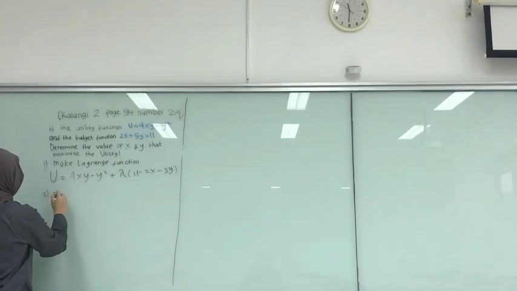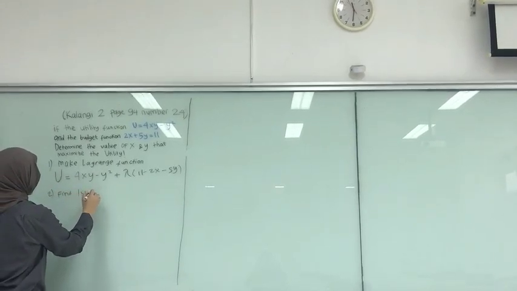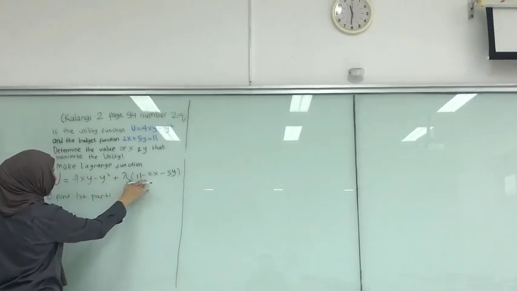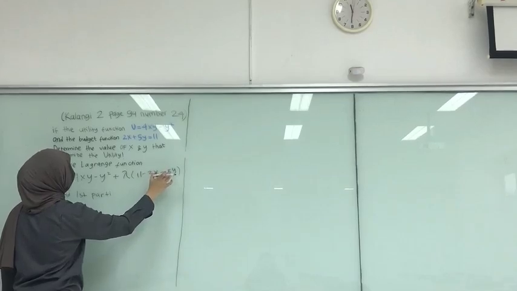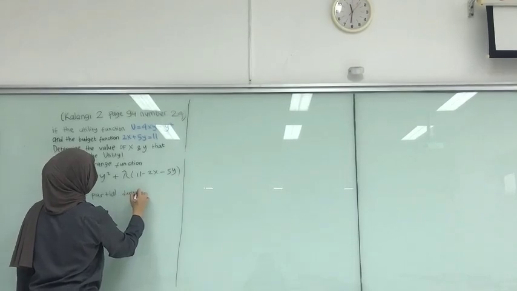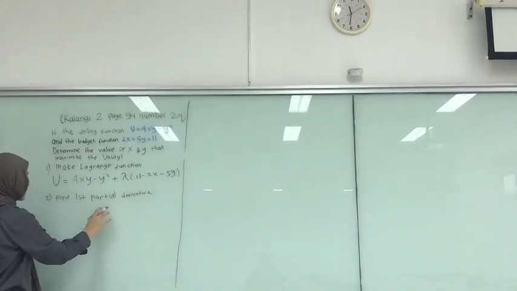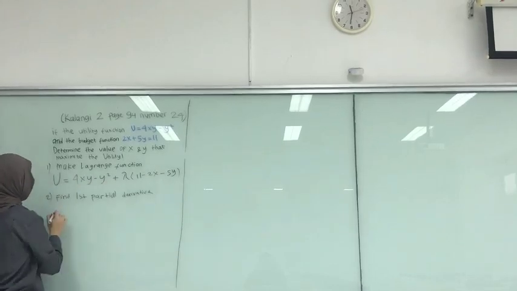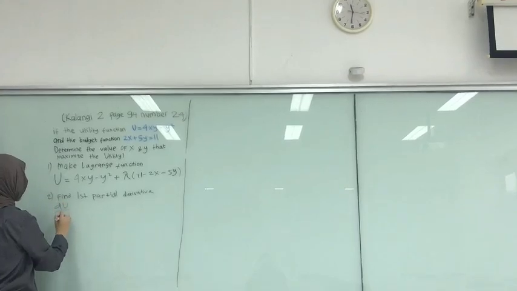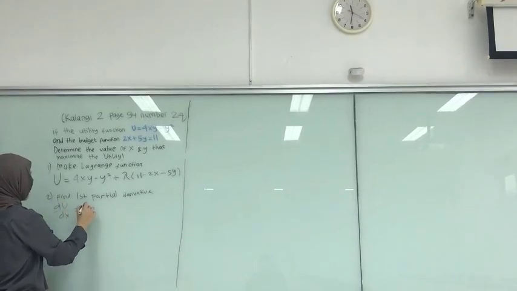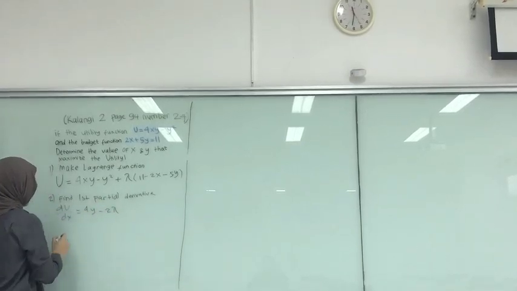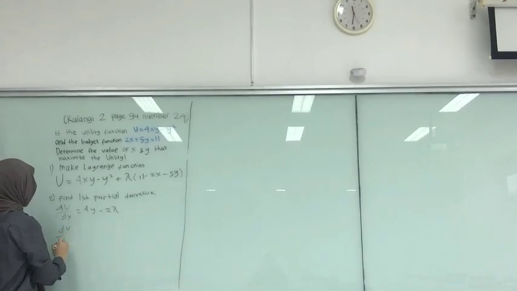Alright, the second step is find the first partial derivative, because we have three variables here. Partial derivative. First derivative of this function. First one, we derive the x. And then we derive the y.